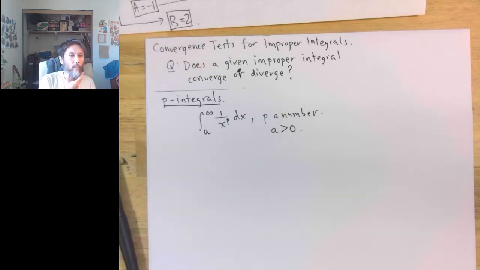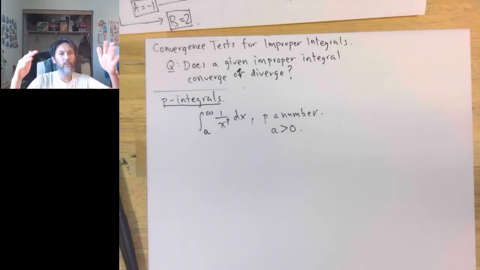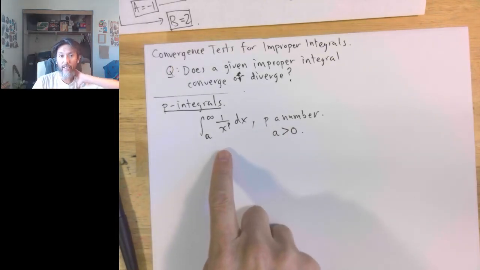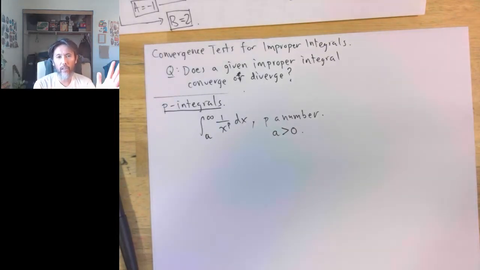What really matters as to the question of convergence or divergence of an improper integral, or later on when we learn about infinite series, is the behavior around infinity. What matters is the behavior of the function when x is very, very large.